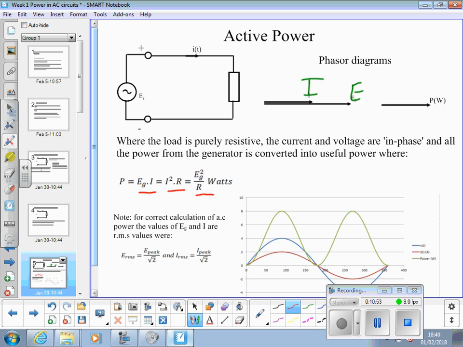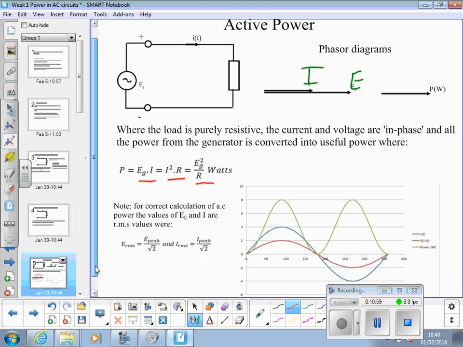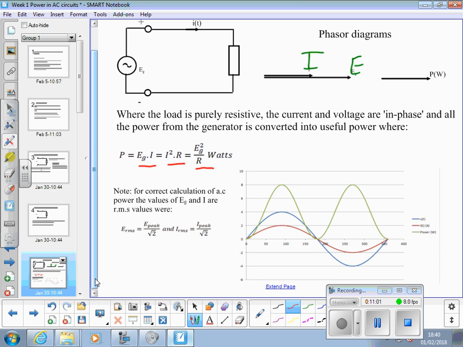Everybody kind of remember that from somewhere else? Note, for correct calculation of AC power, the values of EG and I are RMS values.